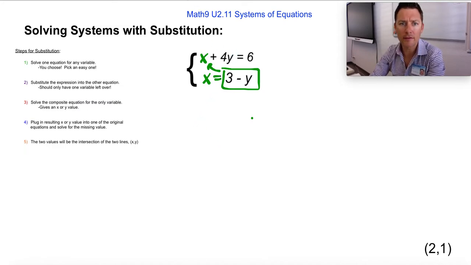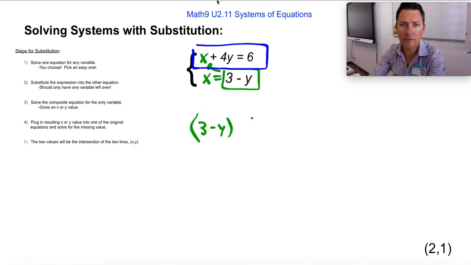So this top equation, if you substitute in x's nickname, you get 3 minus y instead of x's nickname, and then you still get plus 4y equals 6. Right? It's the same equation. It's just that x has its nickname. x is equal to 3 minus y, so we plug that in there.